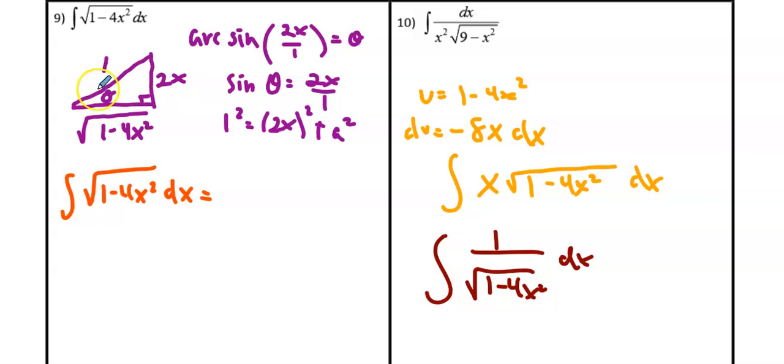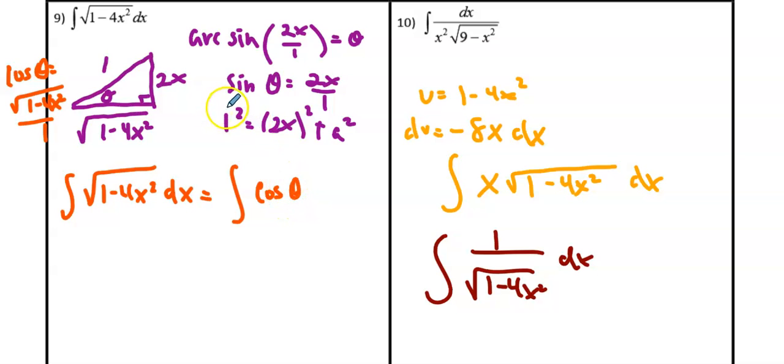If you look at this triangle, the cosine of theta is going to be the adjacent side over 1. So we can say that the square root of 1 minus 4x squared is equal to cosine of theta.